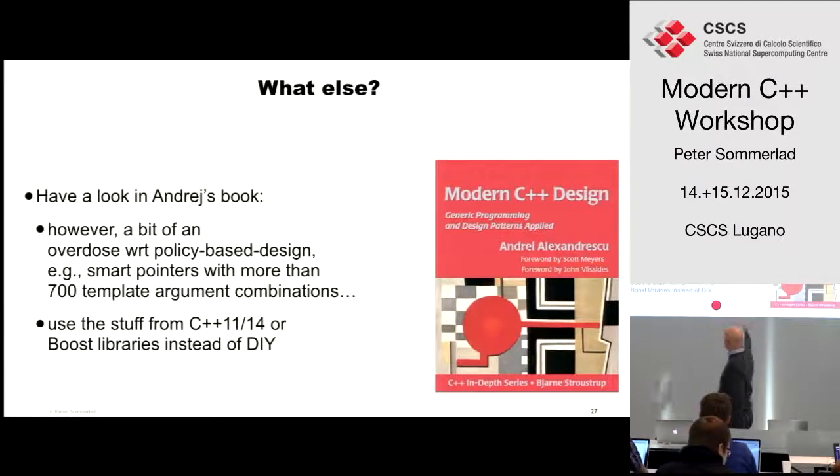Some of the stuff in that book is no longer that complicated as it is presented there, because we now have variadic templates where you can easily have lists of templates, and we have more infrastructure in C++ 11 and 14 and some Boost libraries to do things like type queries, like having tuple, which is a standard class now where we can have a list of arbitrary values and write generic code coping with those elements. But I think that's beyond what I can show you this morning.